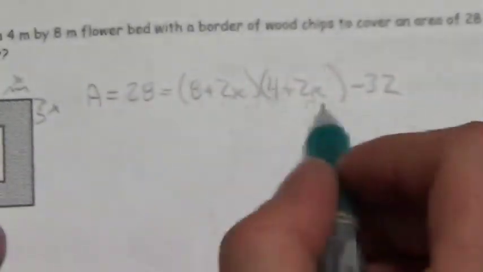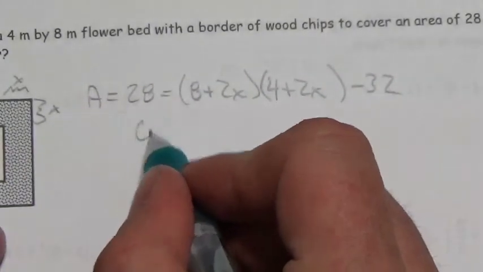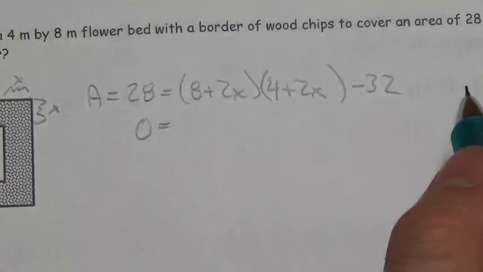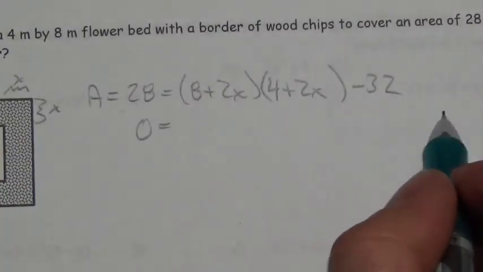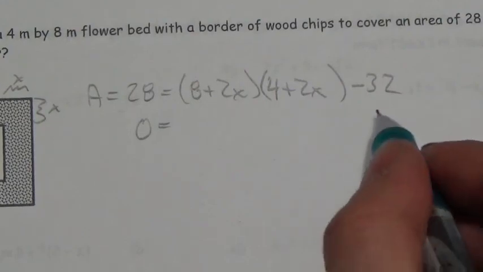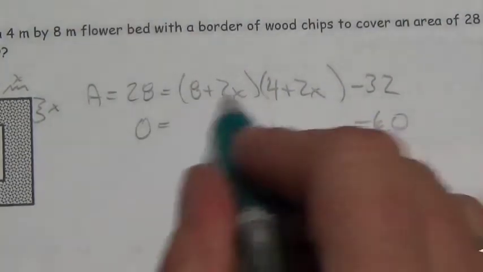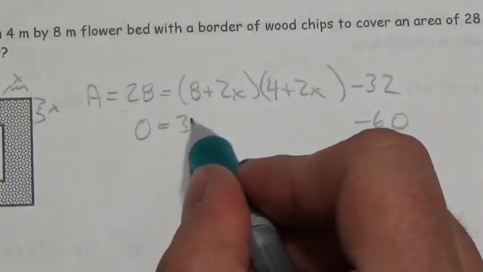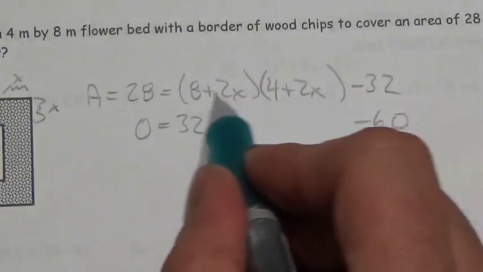Okay, so here we go. I've got to expand this all out because I need this to be equal to 0. So I'm going to bring that over. Way at the back here, we're going to get negative 32, then we're going to subtract that 28 first. So back here is going to be negative 60. Now I'm going to expand this out. It'll be 32, and that'll be 16.